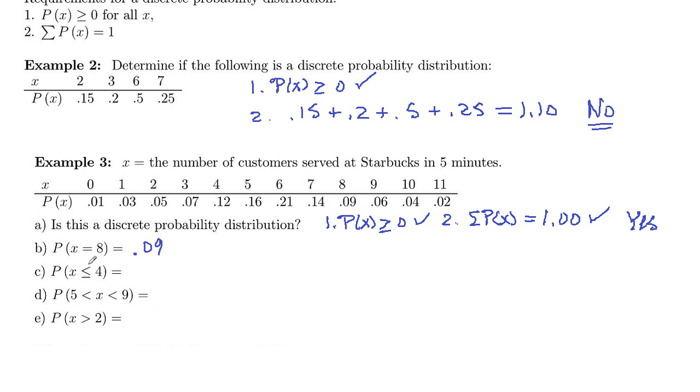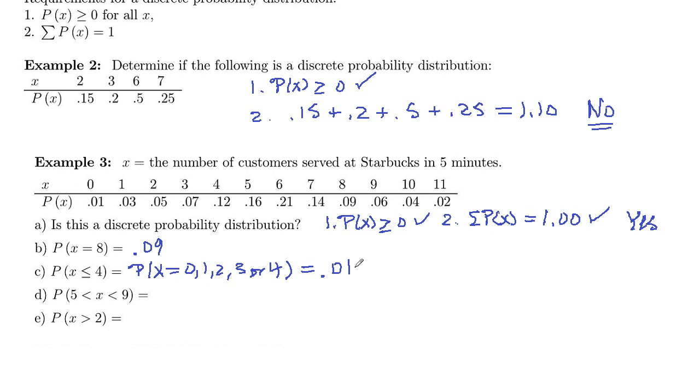What about probability x is less than or equal 4? So less than or equal 4 would be 0, 1, 2, 3, or 4. So this is saying probability x equals 0, 1, 2, 3, or 4. And it really means 0, or 1, or 2, or 3, or 4. And that or, that's an addition rule. So we just add up the probabilities here.